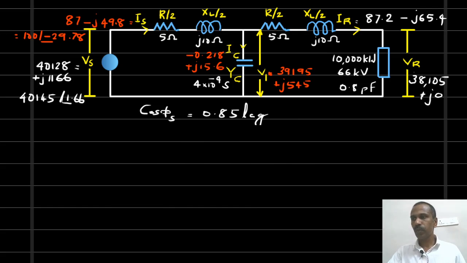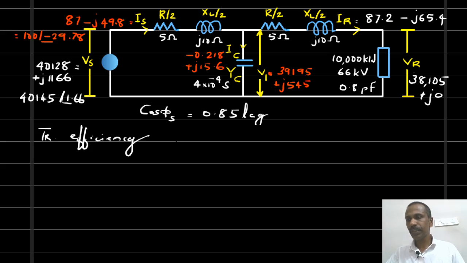Now we will find out the transmission efficiency. Transmission efficiency equals the output power divided by the input power. Output is the receiving end power divided by the sending end power. So we have to find out the sending end power.